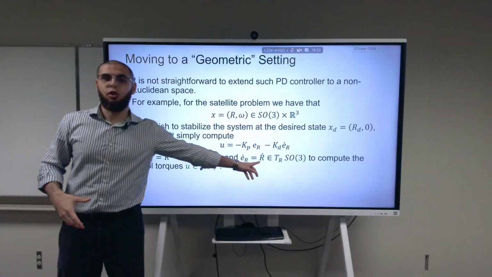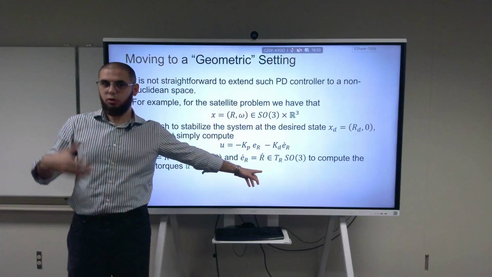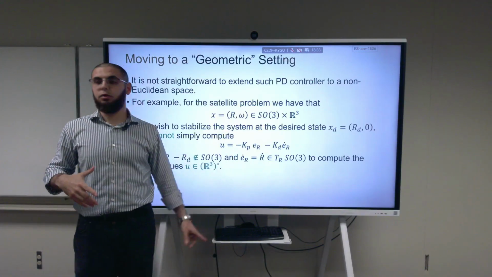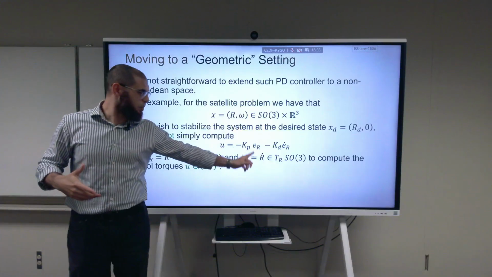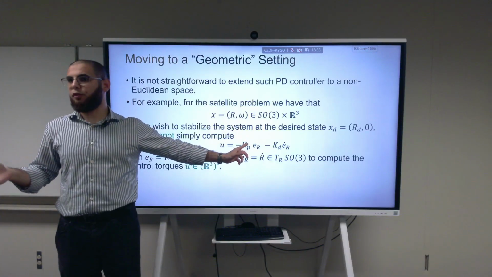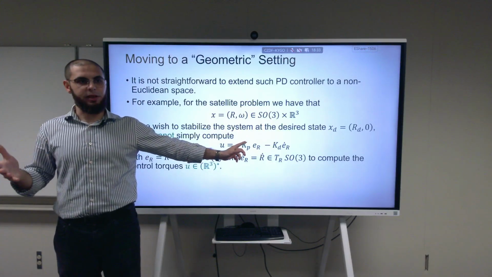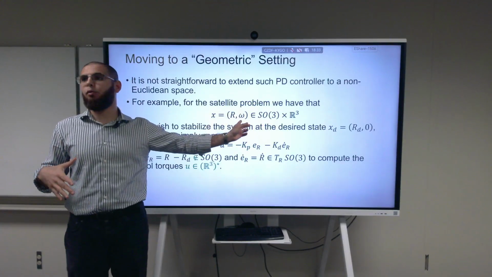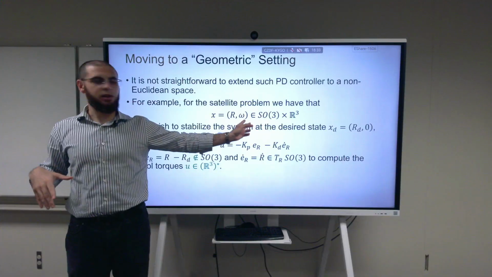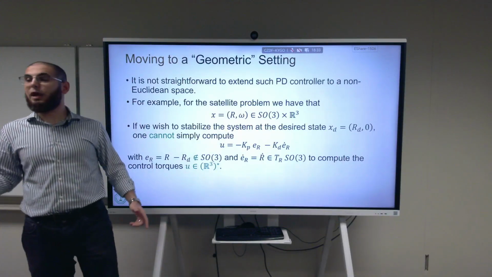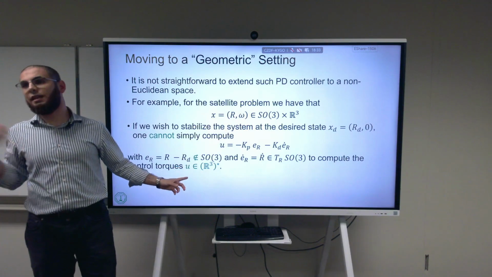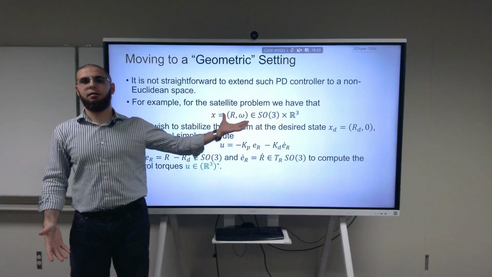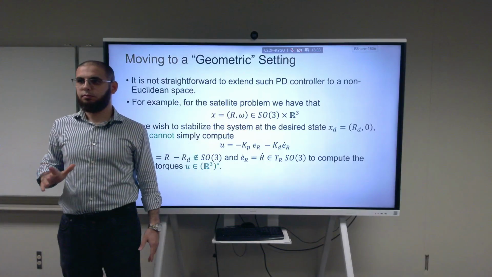And we have an R dot, the rate of change of R. We also have the omega, and we know the omega and the R dot are isomorphic to each other. So we can use that information, that R dot is equal to R multiplied by omega tilde, the skew-symmetric form of the omega. How can we use this so that in the end we get 3 numbers, which are the torque? Then the torque you can apply to the satellite, and then it will make it work.